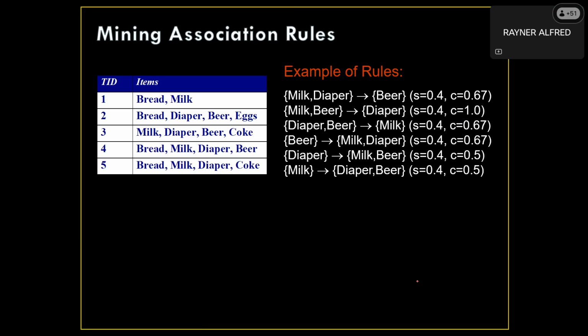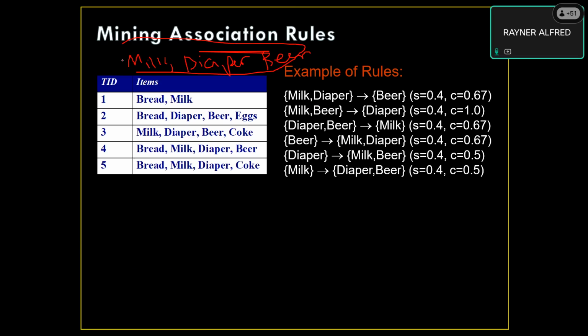So this is one of the examples. Suppose that we have the same item set: milk, diaper, and beer. From this item set we can form many rules. These are the rules that we can use based on this three-item set.